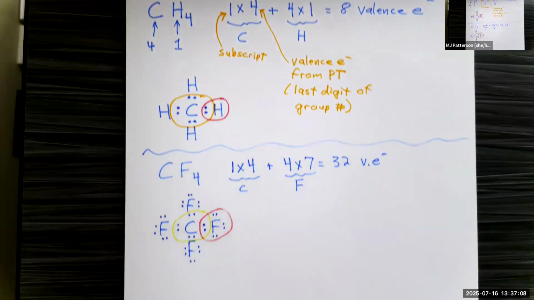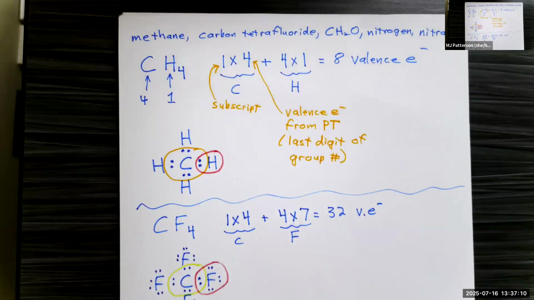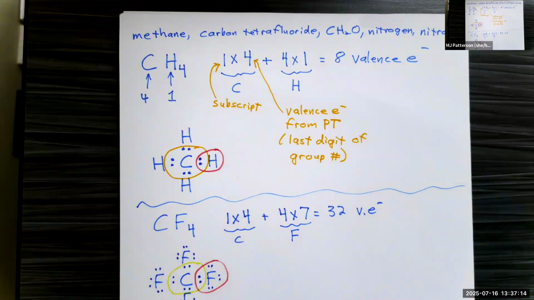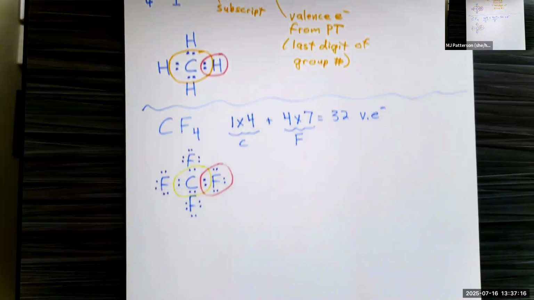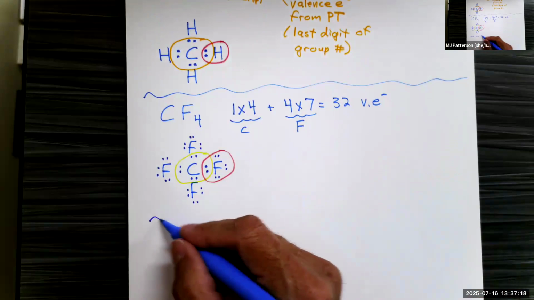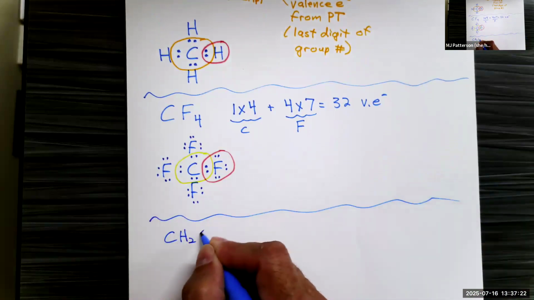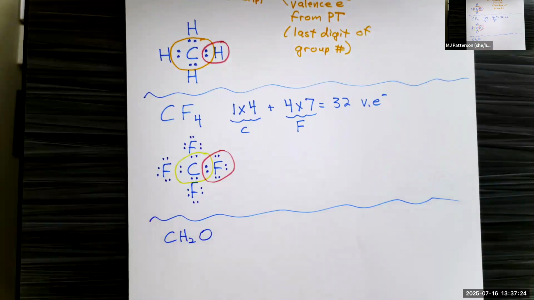I want you to try the next one. The next one is formaldehyde, which is CH2O. Figure out the backbone, figure out the number of valence electrons, see how you can arrange them in.